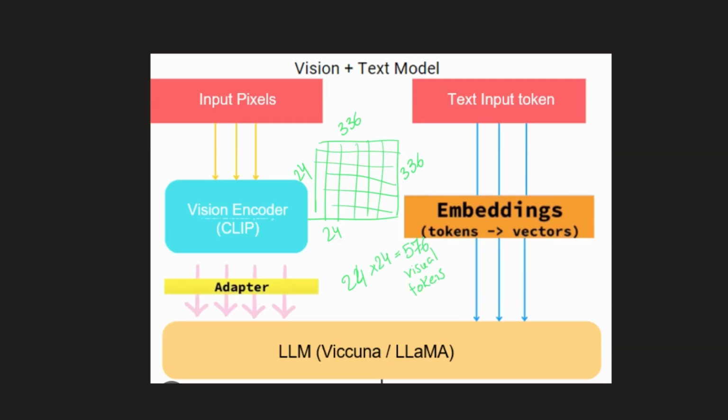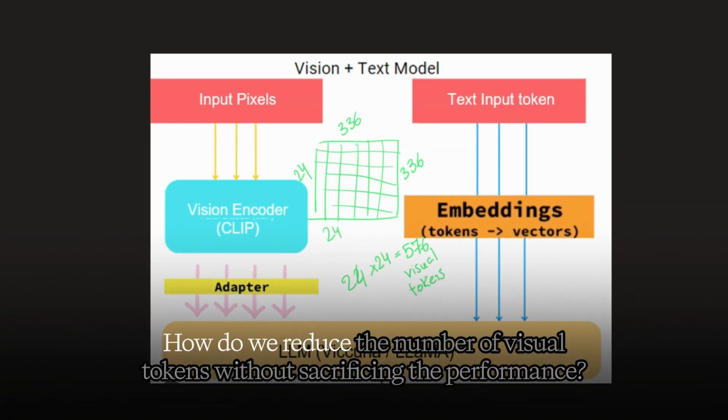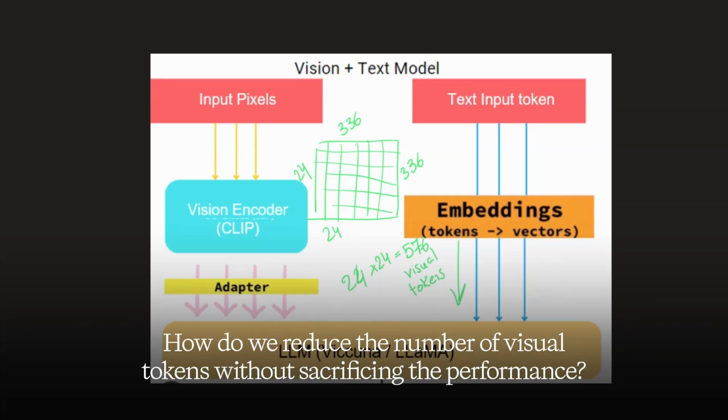But here's the problem. When you're decoding autoregressively, that means one token at a time, that scales poorly when the sequence is really long. So the more visual tokens you have, the more expensive and slow everything becomes. So here's the question. How do we reduce the number of visual tokens without sacrificing performance?